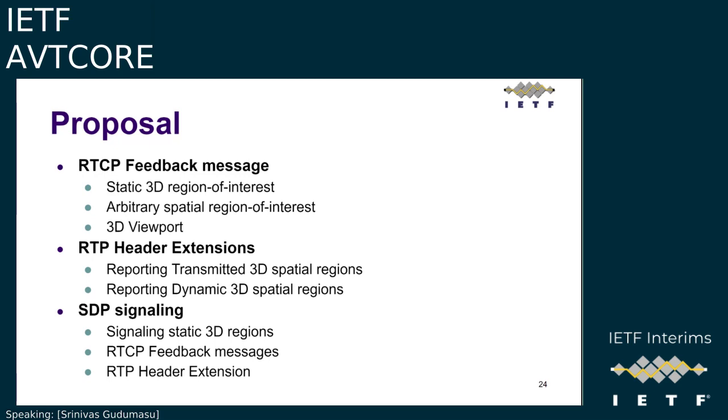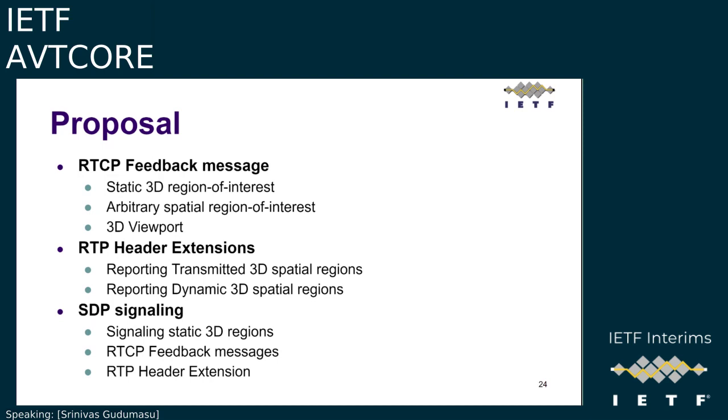When a sender receives this feedback information from the receiver, it prepares the content for that particular spatial region or viewport and reports back that this is the spatial region we are transmitting. If there is an update in the spatial region, the sender updates the client saying that these are the dynamic 3D spatial regions present in the content.